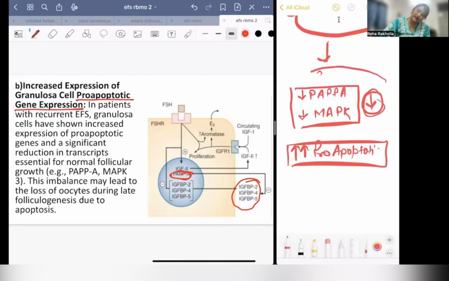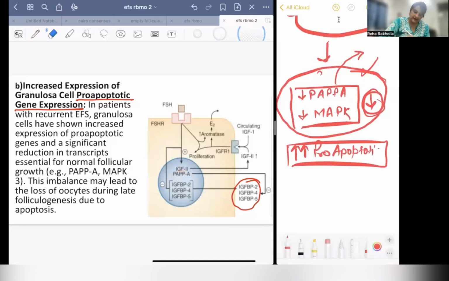If PAPP-A and MAPK are decreased, these genes are essential for normal follicular growth. And PAPP-A, like we can see, is inhibiting IGF binding protein. So free IGF will be more, so there will be proliferation.